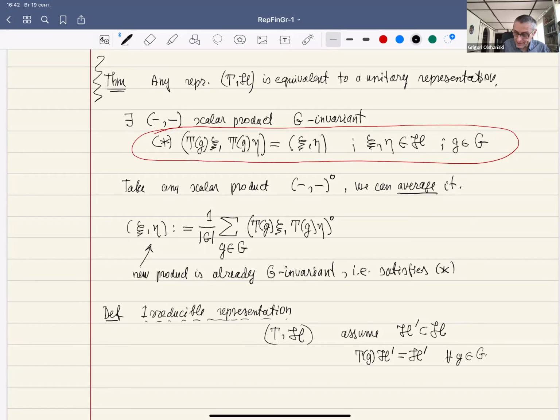In this situation, we say that this is an invariant subspace.